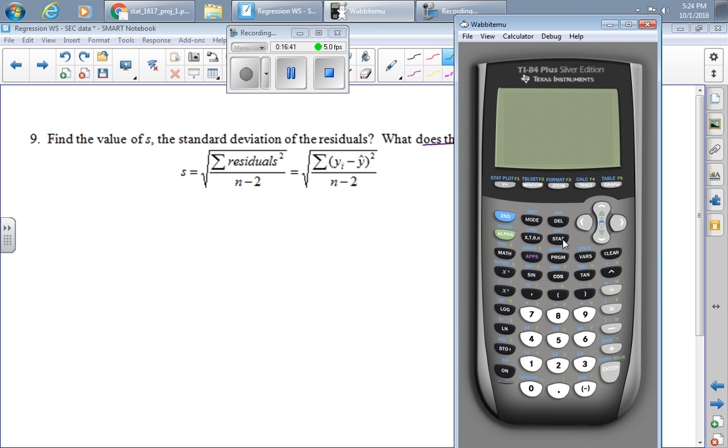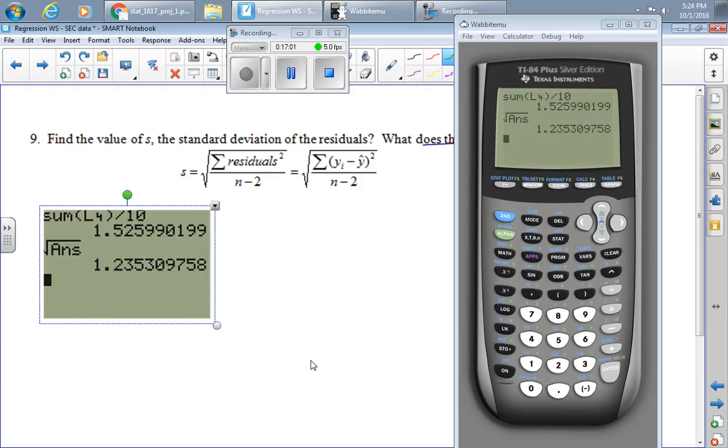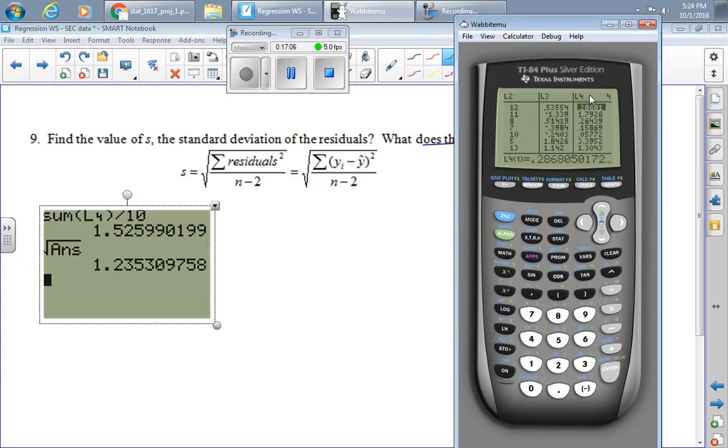So I'm going to sum up, second list, math, sum of L4, divided by 10. Then I need to take the square root. So square root that answer. That value right there is S. If we needed to show some work, we could include these lists right here if necessary. But really what I'm interested in is this number and what it means.